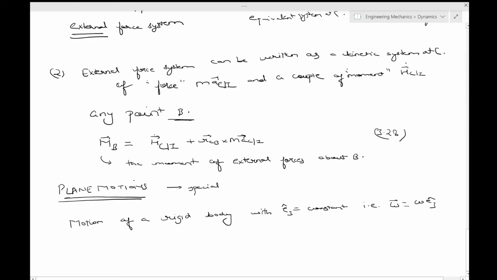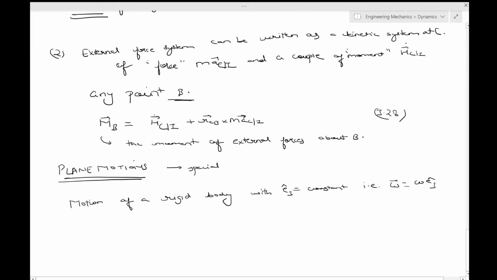This is how the rotation is happening about the E3 axis or the K axis, whatever is the system one is using. Now in this case, let's write the moment of momentum and omega relations which we had learned earlier in this chapter about the inertia tensor.